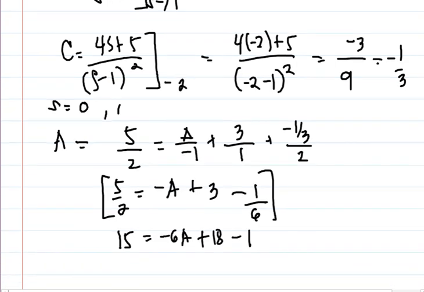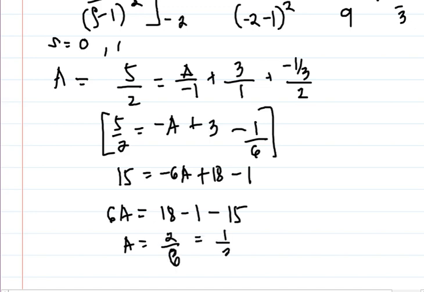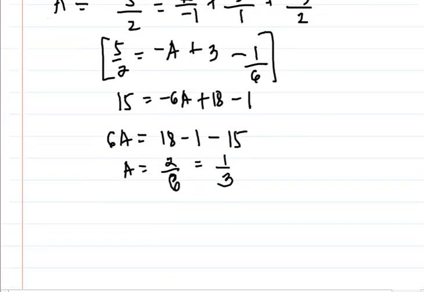So we have 6a is equal to 18 minus 1 minus 15. So this is a is equal to 18 minus 1 minus 15. This is equal to 2 all over 6 is equal to 1/3. A natin is 1/3. Okay, so take note lang of the process na ginagamit natin.